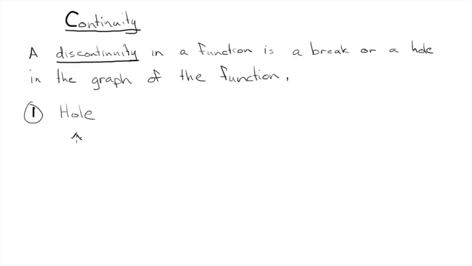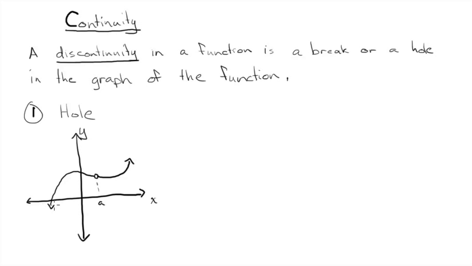So let's say you've got some curve in the xy plane representing a function. The function's going along nice and normal, and then for whatever reason, there's just a hole, an open circle at the value x equals a. In this case, this function is not continuous because there's a hole at a.